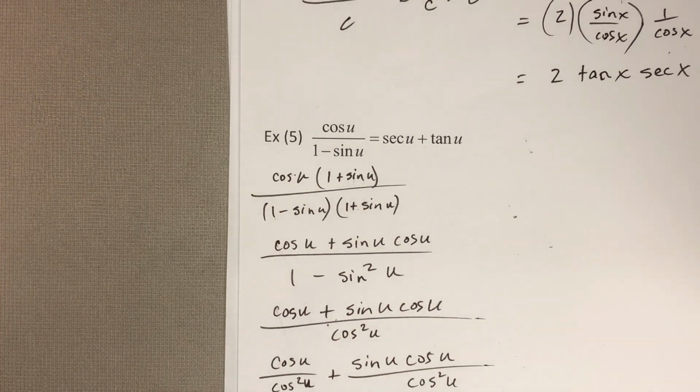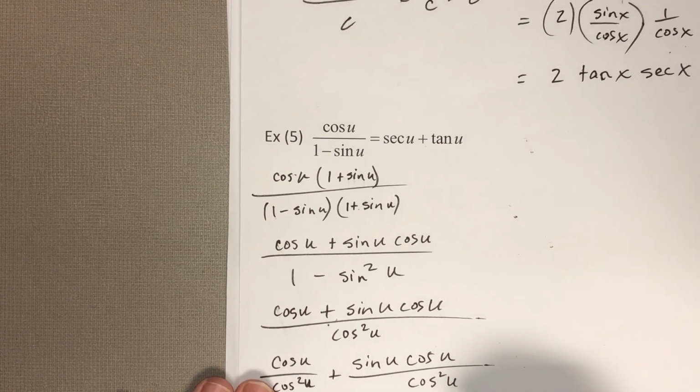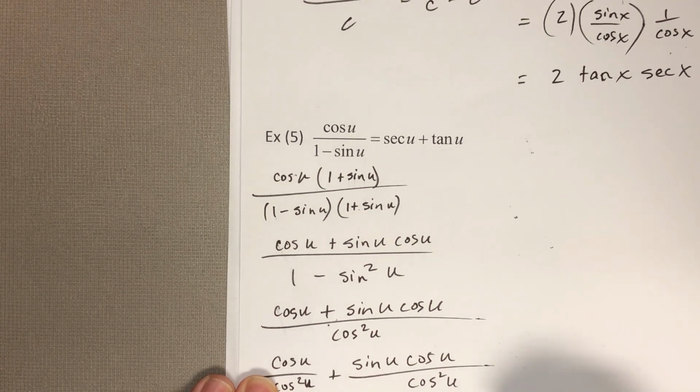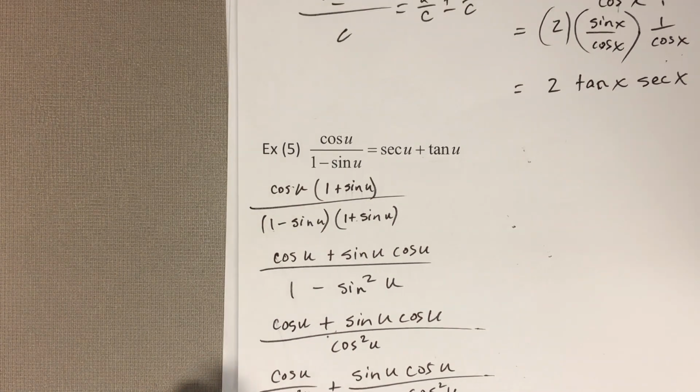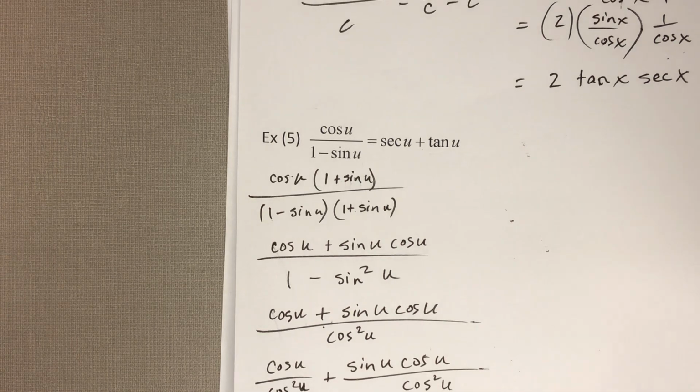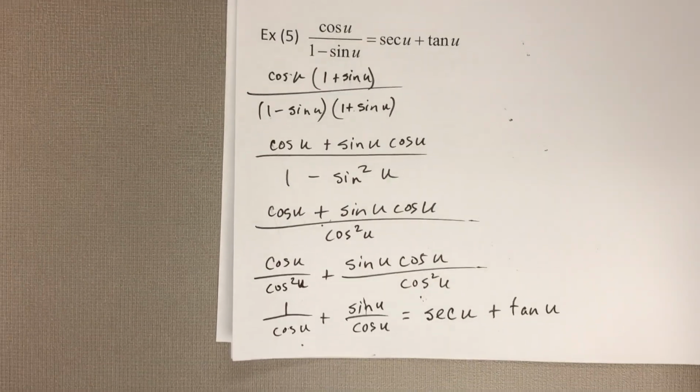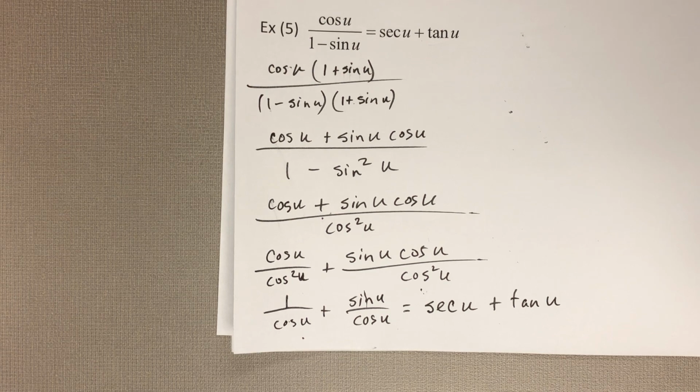And 1 over the cosine of u, well, that's just equal to the secant of u plus the sine of u divided by the cosine of u, that's the tangent of u. And we have just proven that the cosine of u, all right, divided by 1 minus the sine of u is equal to the secant of u plus the tangent of u.